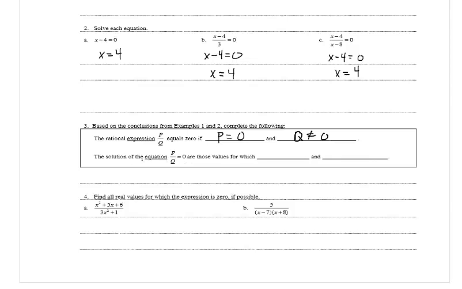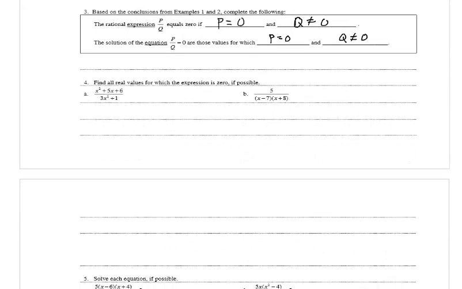And then the solution of the equation p over q is equal to 0 are those values for which p is equal to 0 and q does not equal 0. So we can see that in order to make a rational expression equal to 0 is the same as making the equation of p over q equal to 0 as well.